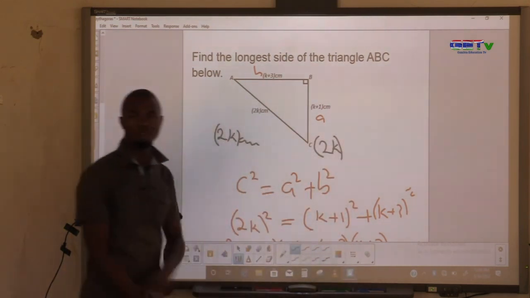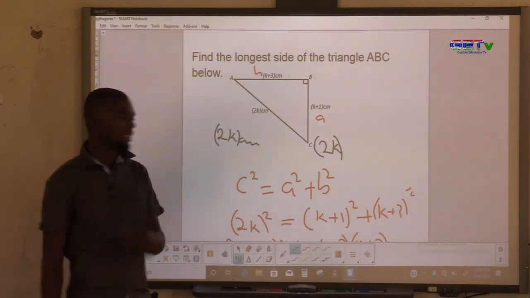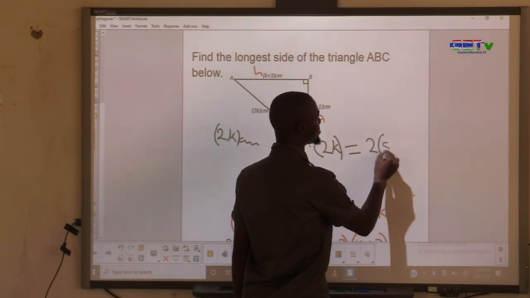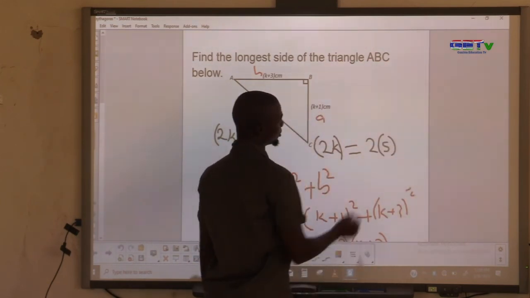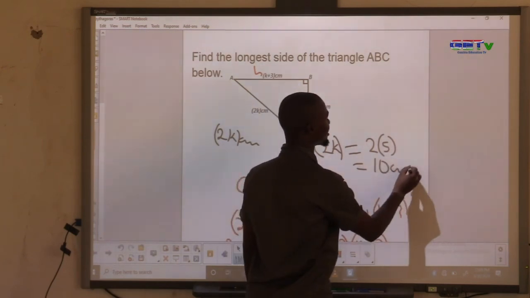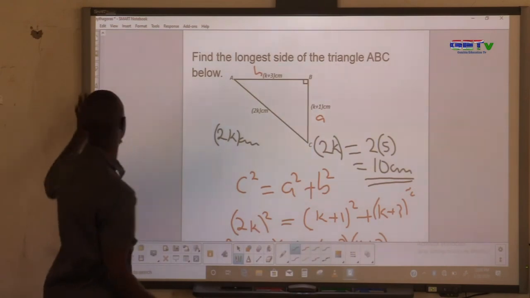And when we solve for the value of k, what do we have? 5. So our longest side will be 2 times 5, which is 10 centimeter. So we are asked to find the longest side. Therefore, the longest side is 10 centimeter.